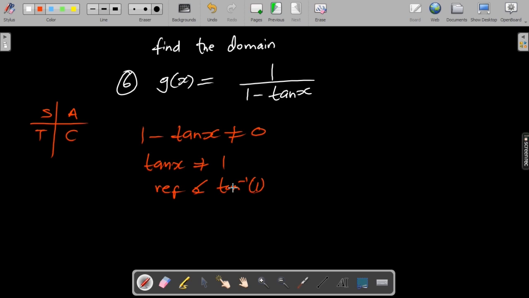That'll be 45 degrees, or in radians, pi over 4. So the reference angle is pi over 4, and our x should not be pi over 4, and the 1 here is positive, so we're going to look at the places where tan is positive. That'll be there and there. That is 0 plus, as well as pi plus.